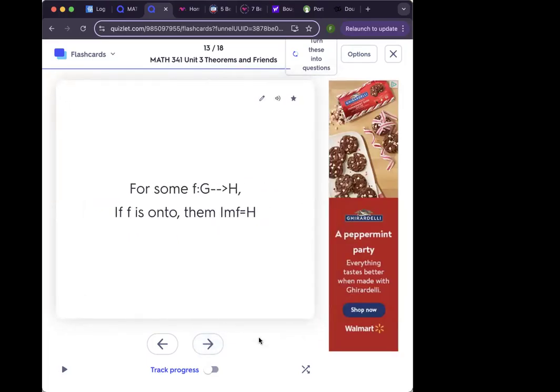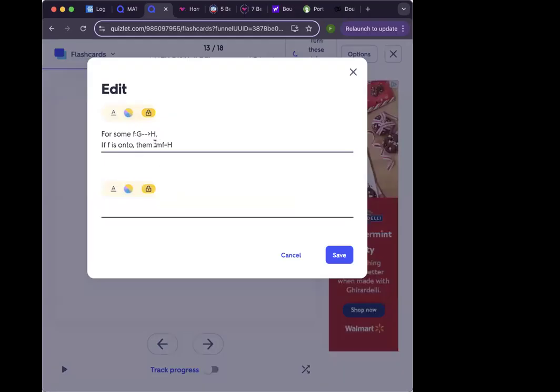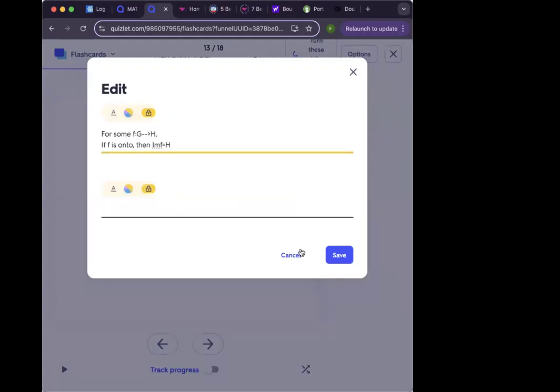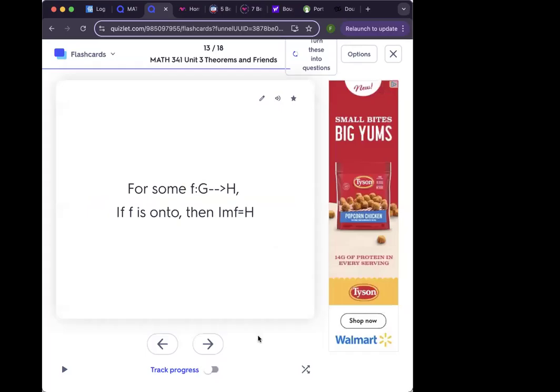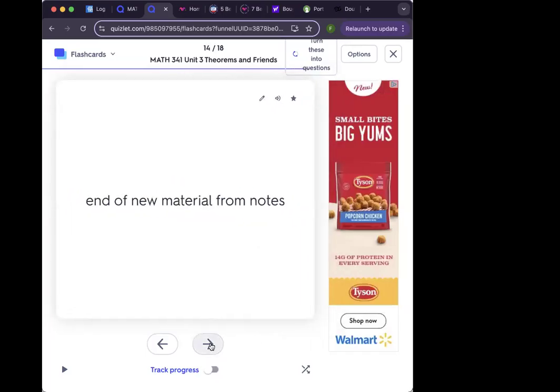For some f mapping G to H, if f is onto, then image of f equals H. So we mentioned that before, but I wanted to give it its own card as well.